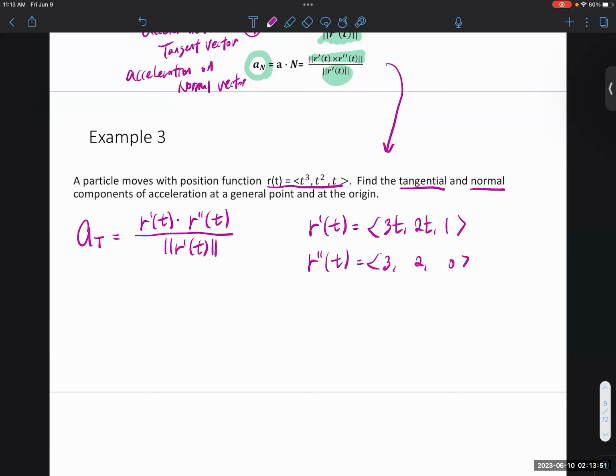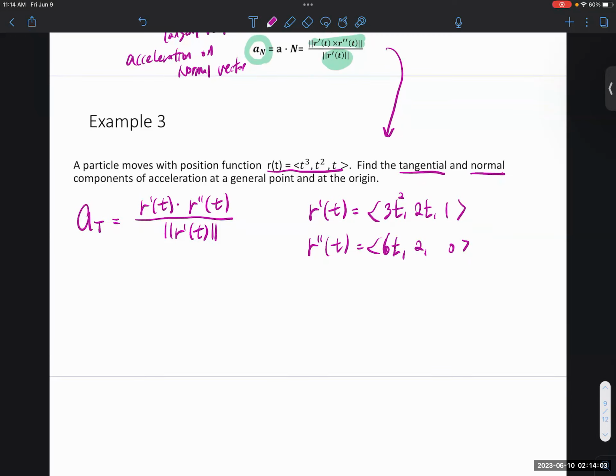Am I correct? Oh, I have a mistake. 3t squared, 2t. So this one is going to be 6t. Okay, we have R prime and R double prime. To find the tangential component, take the dot product: R prime dot R double prime, (3t squared, 2t, 1) dot (6t, 2, 0).